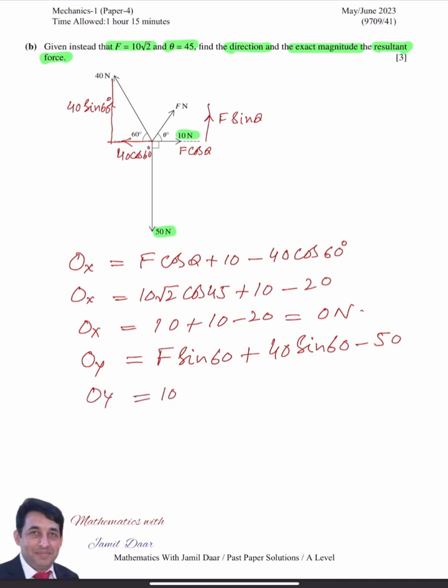F is 10 square root of 2, sorry, this is F sine of theta, and theta is given as 45. So F sine of 45 degree, and this is again 40 sine of 60. Let me find out what this 40 sine of 60 is.